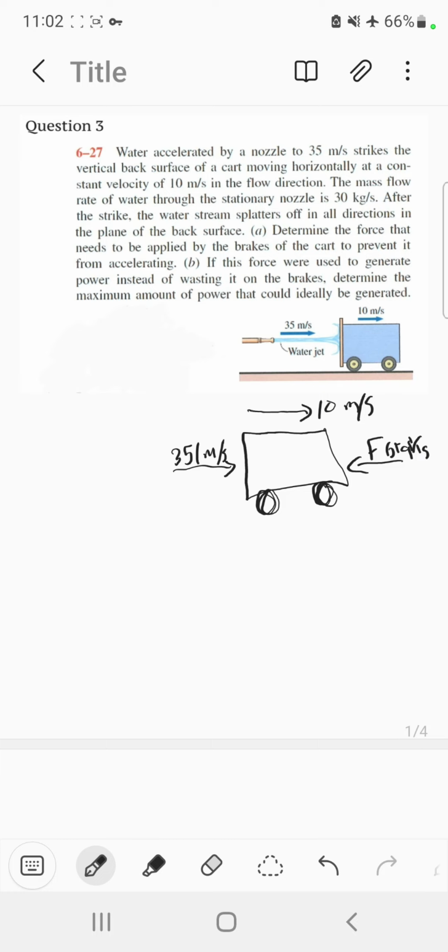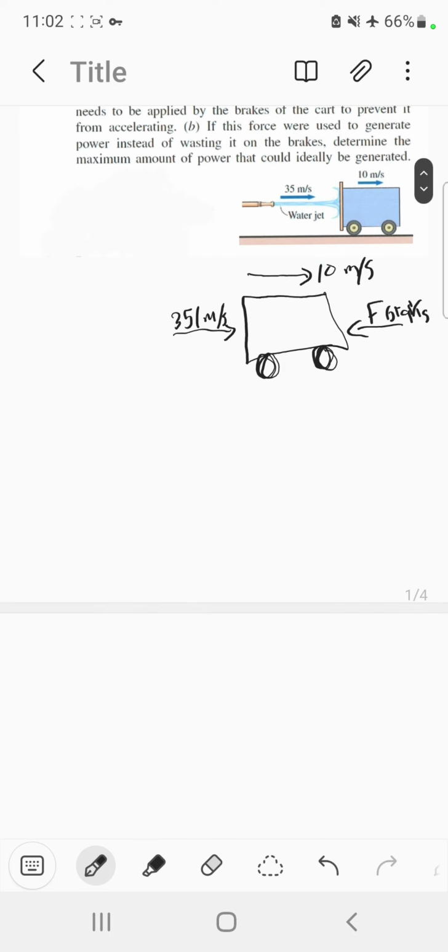Okay. So now we need to find the relative velocity. We have 35 meter per second hitting the front of the cart, and the cart is moving at 10 meter per second.